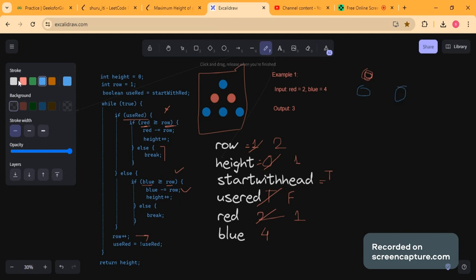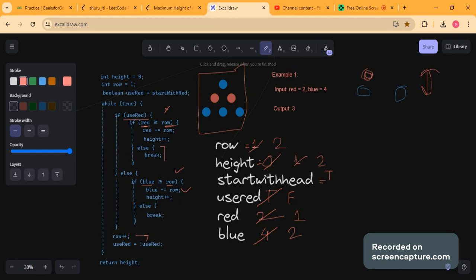So we decrease the number of blue balls by the number of rows. So now the blue balls turn out to be 2. And we increase the height, plus plus. So height was initially 1 and now it is 2 because we have used 2 rows here.